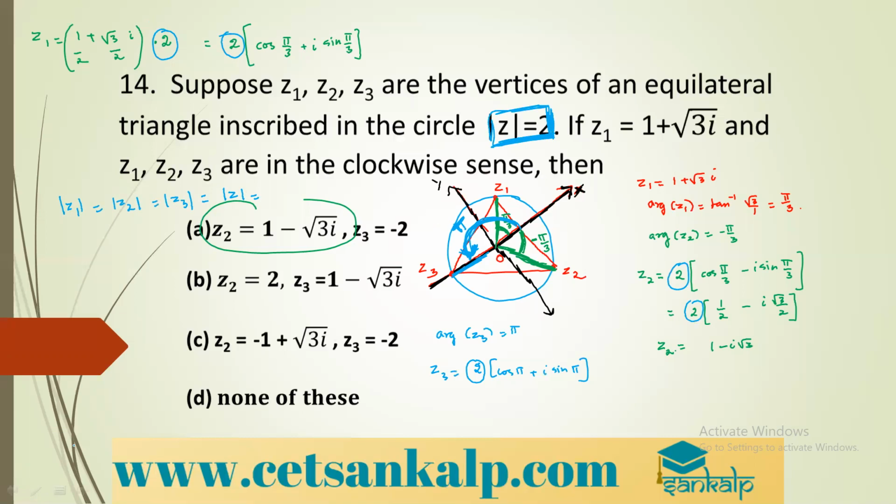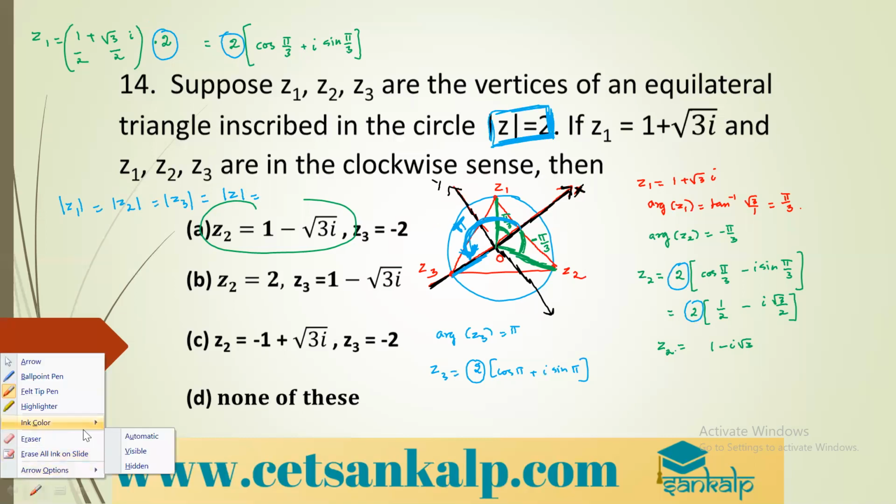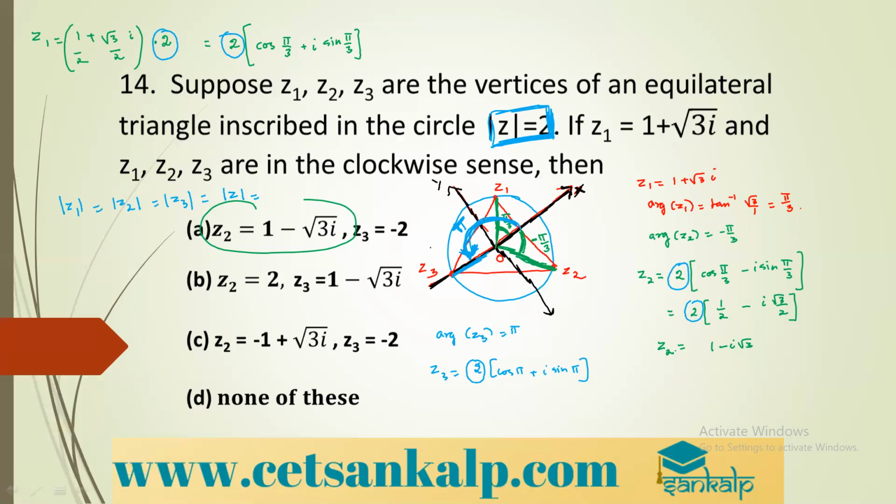What is Z? Suppose I take Z here. Modulus of Z means radius. Modulus of Z is 2, so radius is 2. So modulus of Z1 will be 2, modulus of Z2 will be 2, because all these are radii. Modulus of Z3 also will be 2.